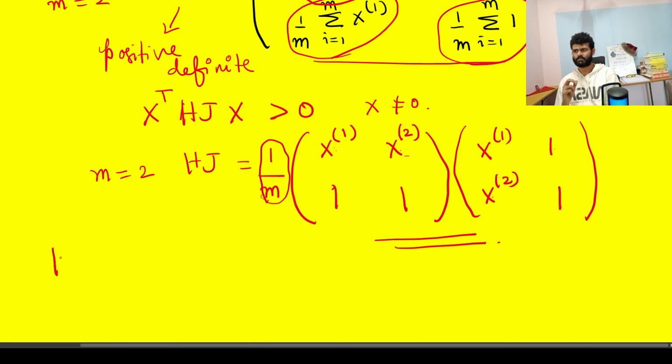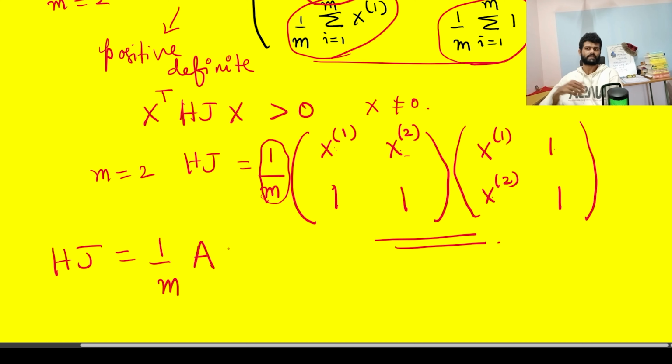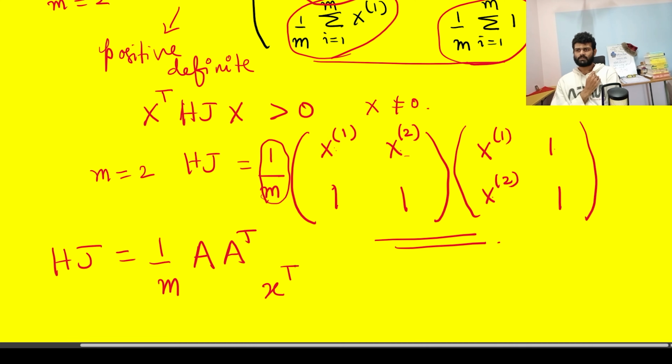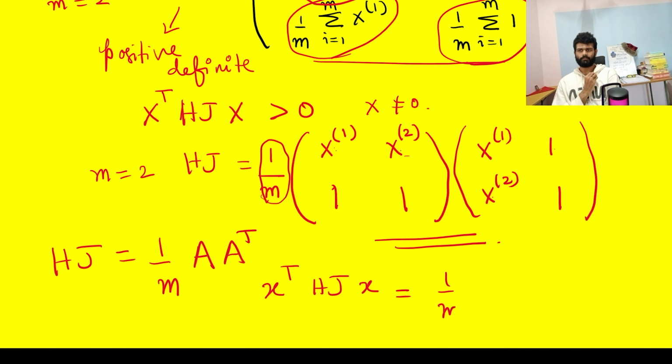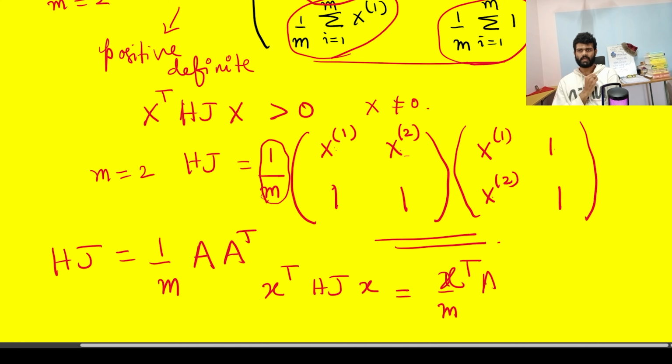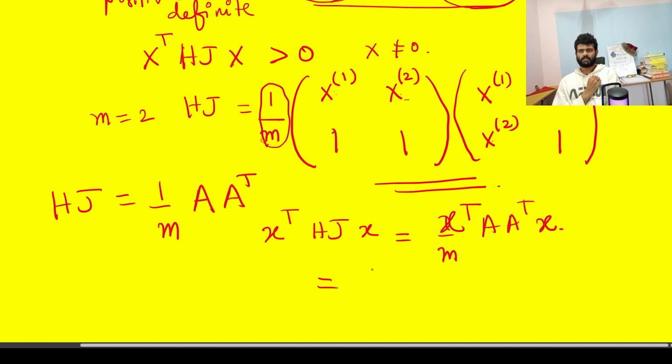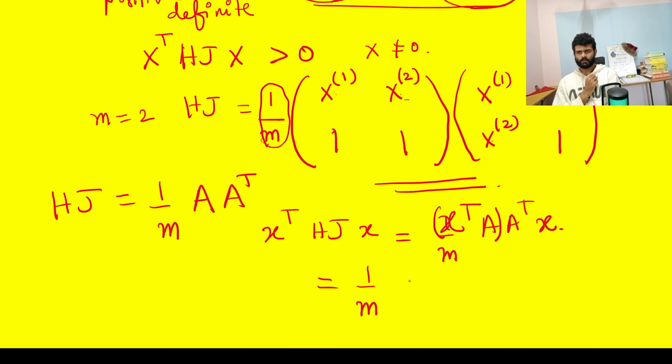This is pretty interesting, because I have written H of j in the form of some matrix A times A transpose, right? Transpose means you interchange rows and columns. So what is x transpose H_j x? This is basically (1/m) x transpose A A transpose x, right? And what is A transpose x?